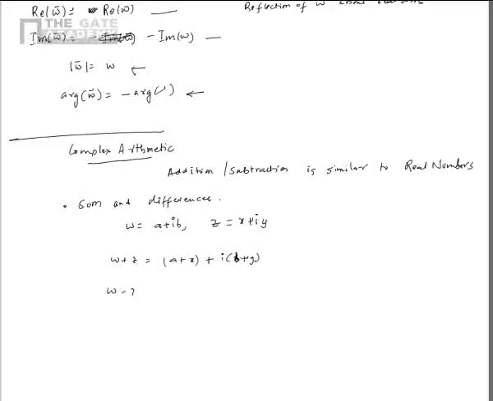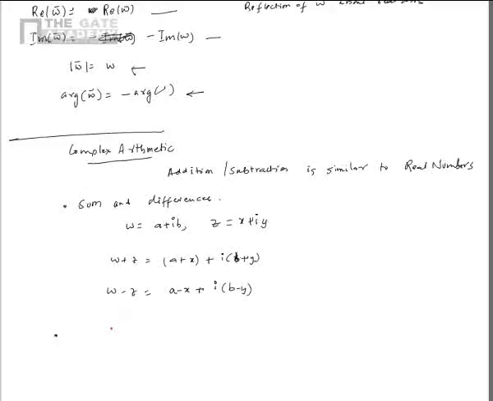And w minus z is subtracting the real parts and the imaginary parts. So more or less it's similar to real numbers. You just treat it as if it's a real number. All the properties like commutativity and associativity of addition hold here.